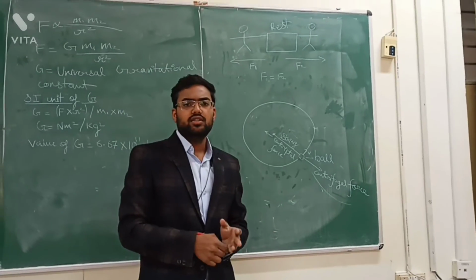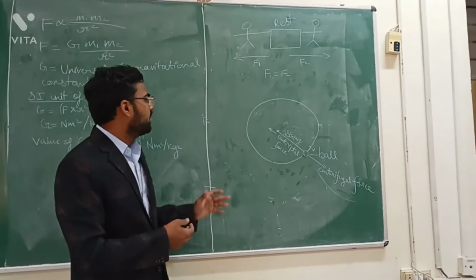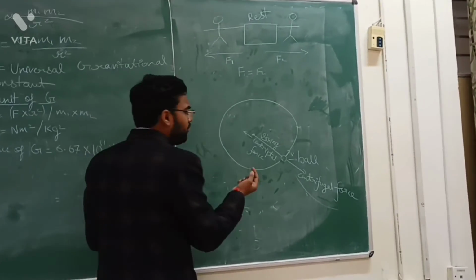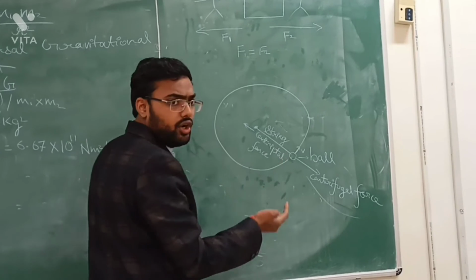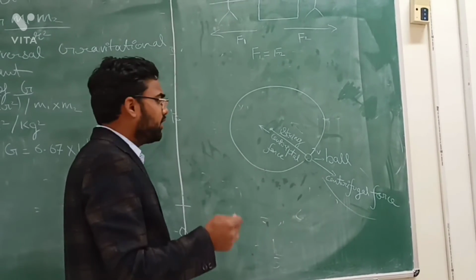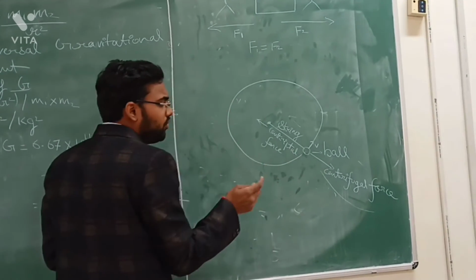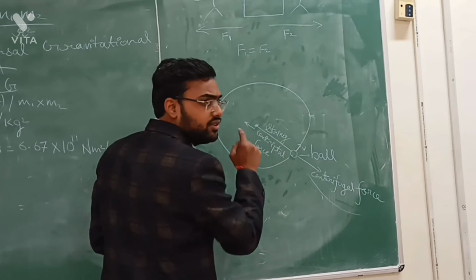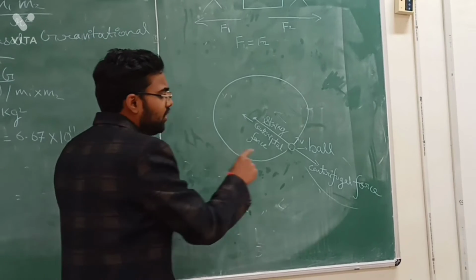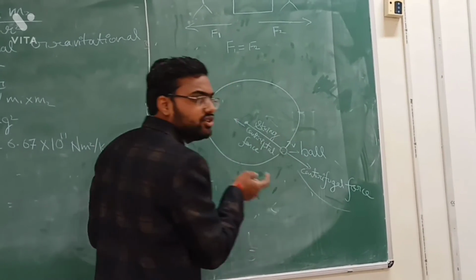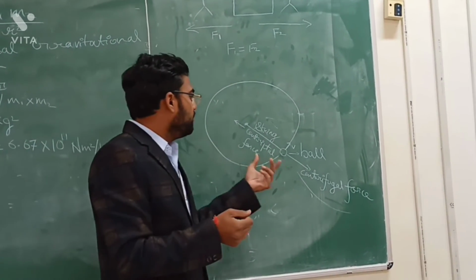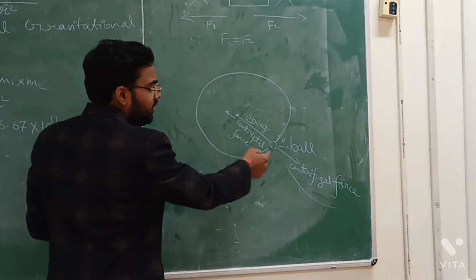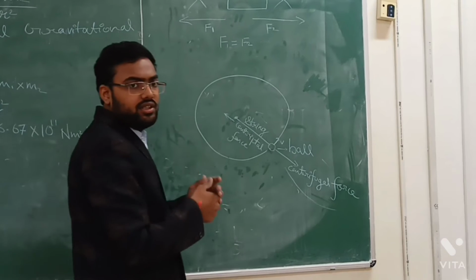So, in case of Earth and Moon and Sun and Earth, what happens is, let's suppose a string is attached to a ball, and if we rotate that string, there will be two forces acting on the ball. First, a centripetal force in the direction of the center and a centrifugal force in the opposite direction of that centripetal force, which balance each other, and that's why this point and the ball cannot collide with each other.